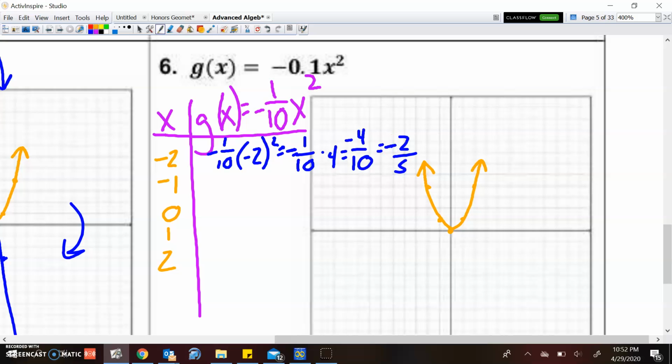Okay, next one, -1/10 times -1 squared, -1/10 times +1, so that's just -1/10.